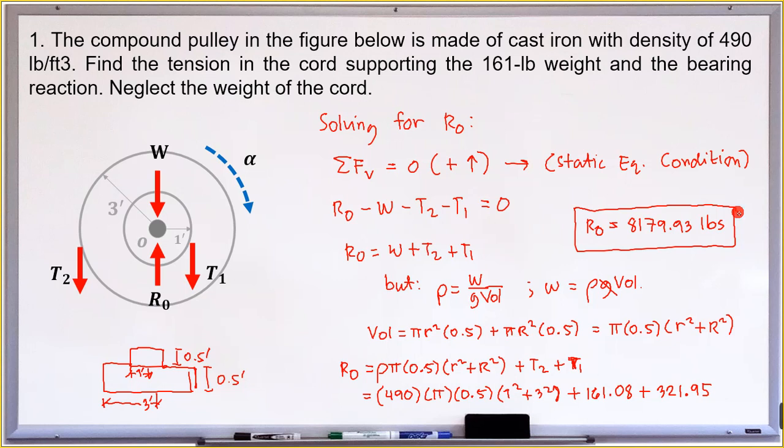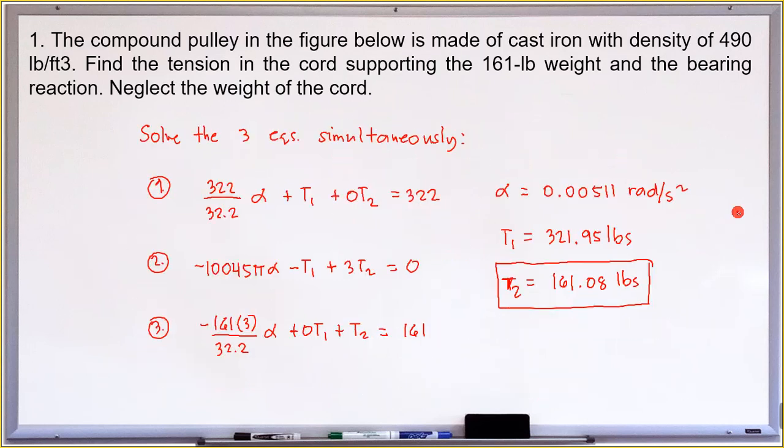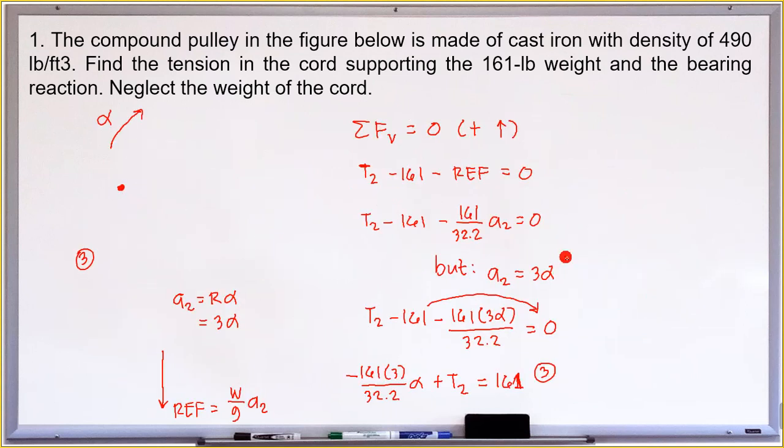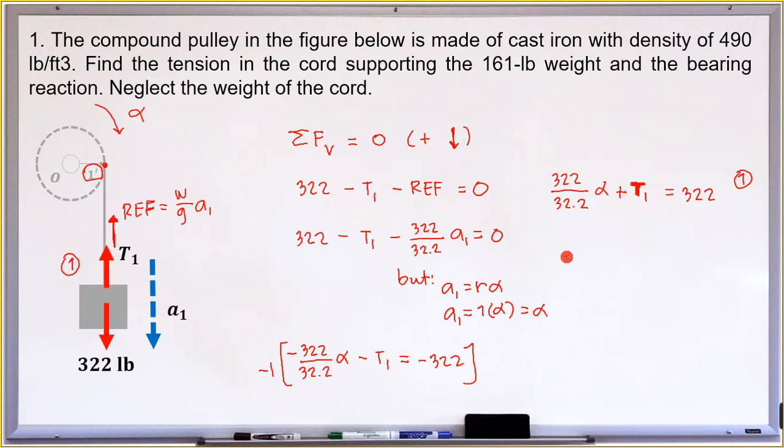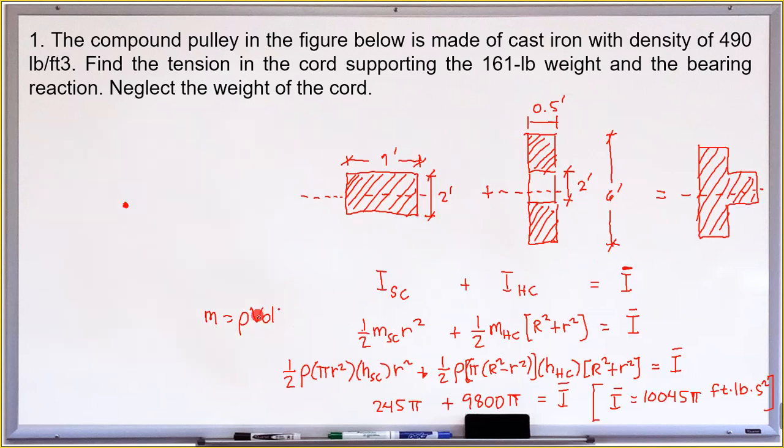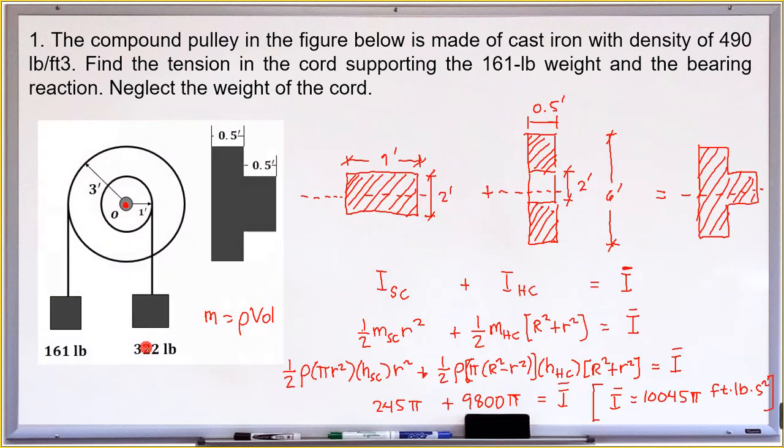Now, going back to our result, we have T1 and T2. T2 is 161.08, T1 is 321.95. Okay, let's go back to the original figure. So this is the original figure.